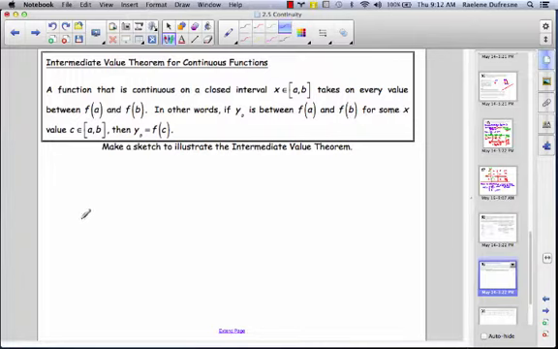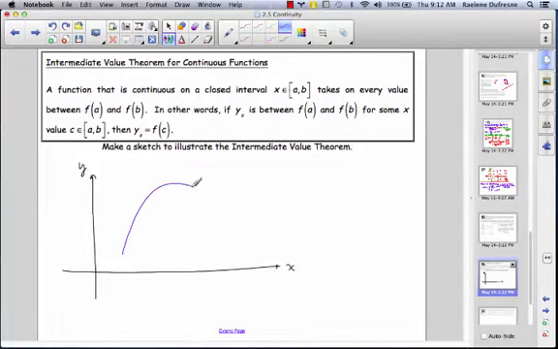If we have a function like this, and we have an x coordinate here called x, let me draw it with axes, I think it'll be a bit clearer. If we have a function defined on a closed interval, so this is x equals a, and this is x equals b.